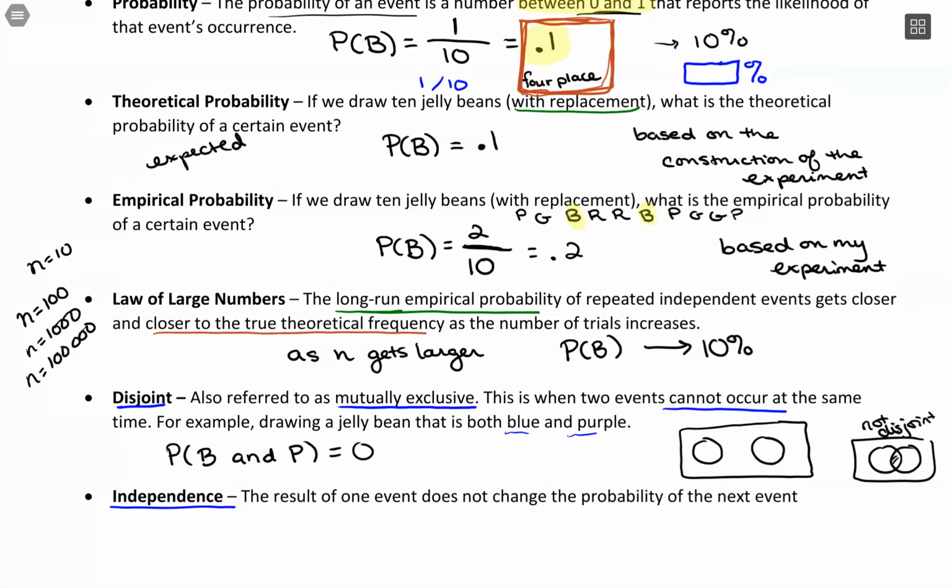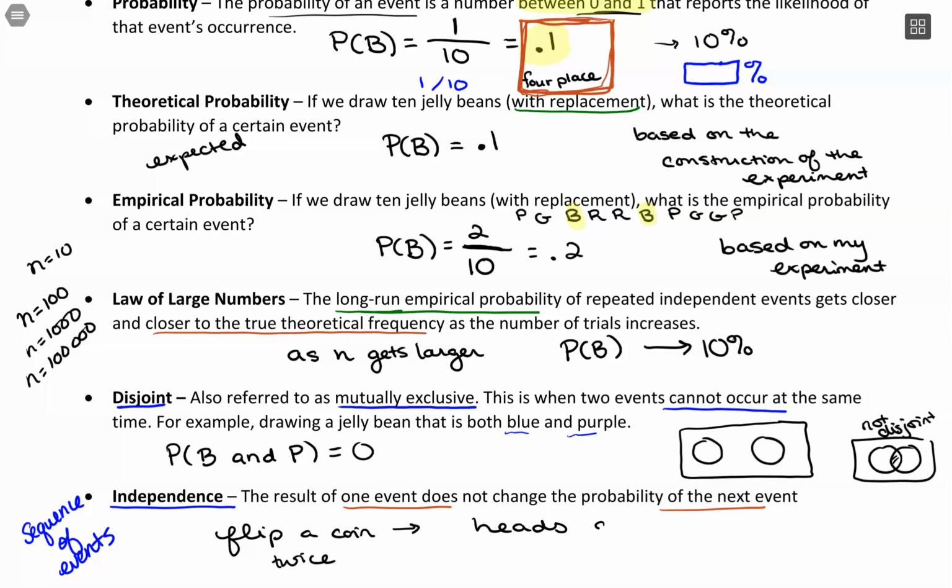This is typically for a sequence of events, if I want to see certain outcomes occurring in a row. Independence is when, if one event has occurred, it doesn't change the probability of the next event. Say I'm flipping a coin twice and I want to see heads and then tails.